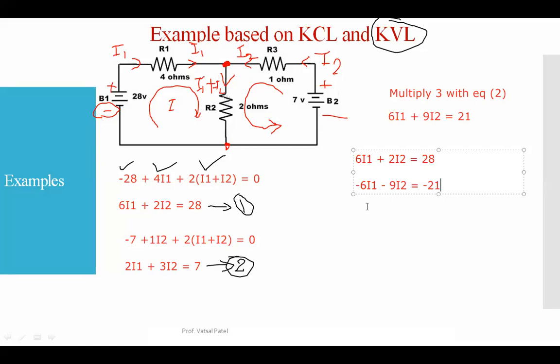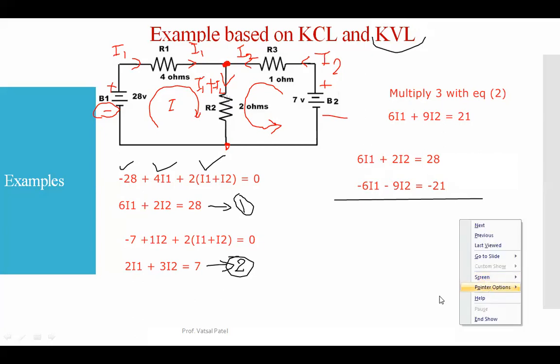I just multiply the minus sign because I need to subtract this from equation number 1, after multiplying the 3 with the second equation. So what values am I now getting here? 6I1 is cancelled out now after adding these two equations. Yes or no? 6I1 is going to be cancelled out.